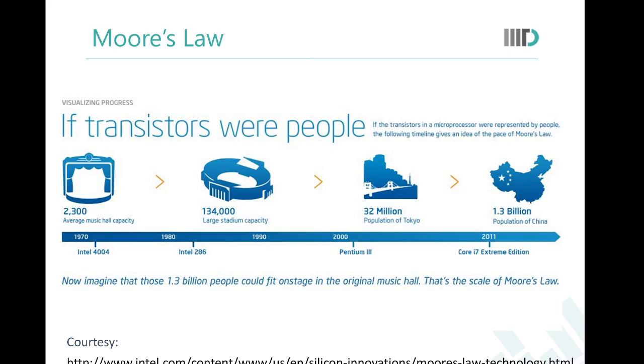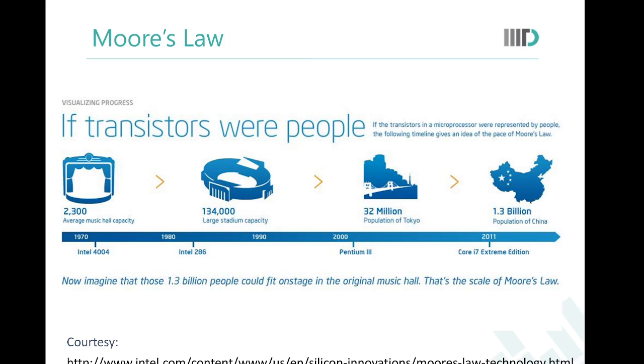Now, if we equate one transistor with one person, then to accommodate that many people you need a music hall or concert hall kind of thing. Now, by the time the Intel 286 was proposed in the early 80s, it had 134,000 transistors.